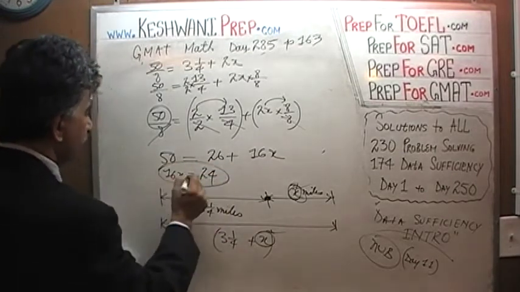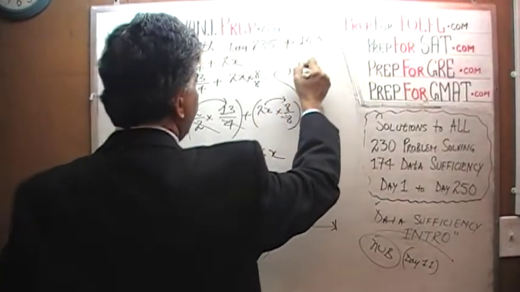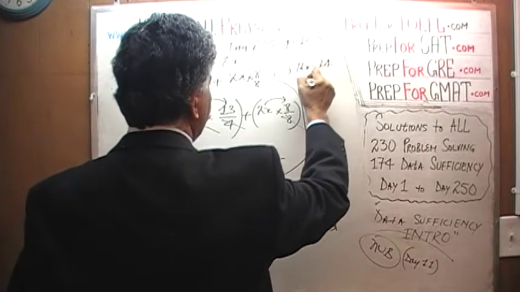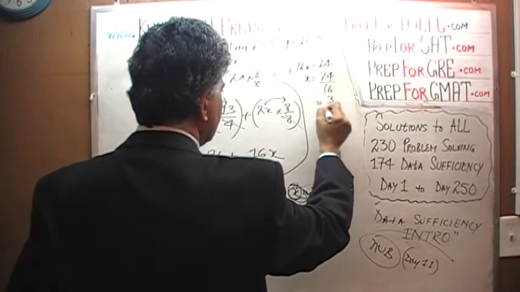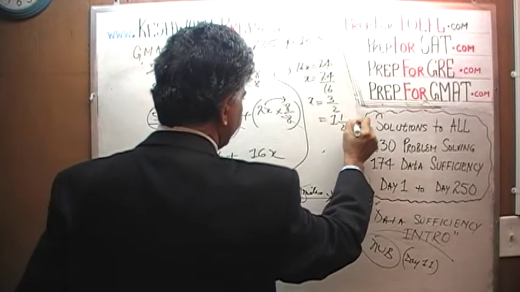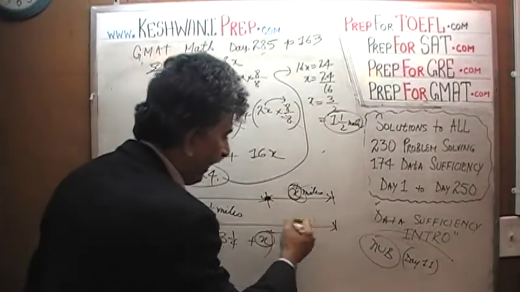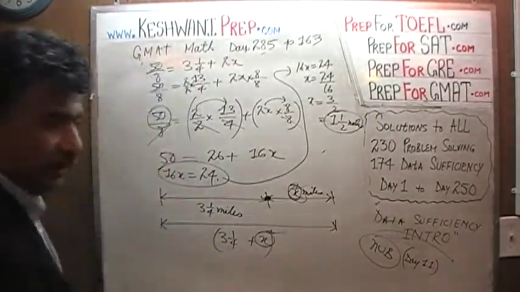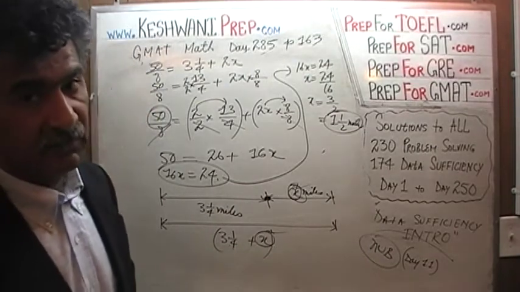So 16x equals 24, and therefore x equals 24 over 16, which is the same as 3 over 2, which is the same as 1.5 miles. So the answer is we should be able to travel 1.5 miles this way and then back again 3/4 plus another 1.5 miles in exactly 50 minutes.